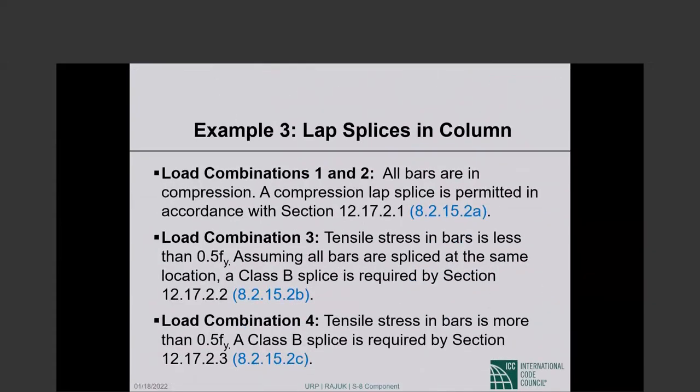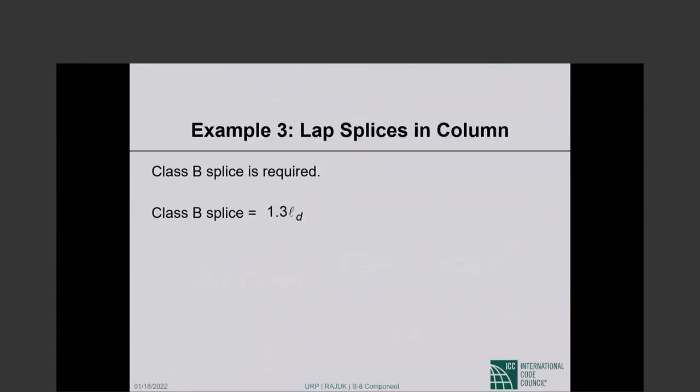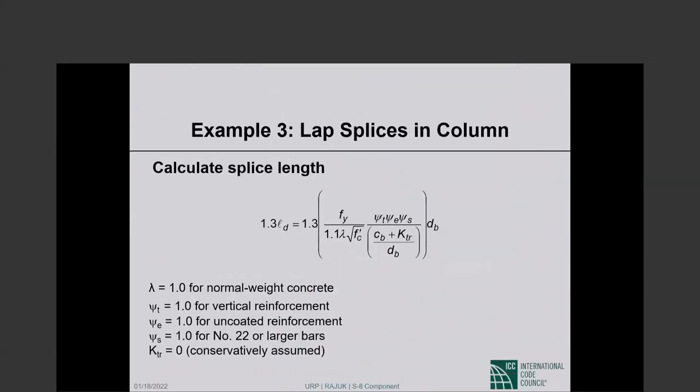Tensile stress in bars is less than 50% of F sub y, assuming all bars are spliced at the same location. A class B splice is required. This is what I showed you earlier. And load combination 4, the stresses are more than 50% of F sub y, so you definitely need a class B tension lap splice. So what we have to have is a class B tension lap splice, and the splice length then will be 1.3 times the development length.